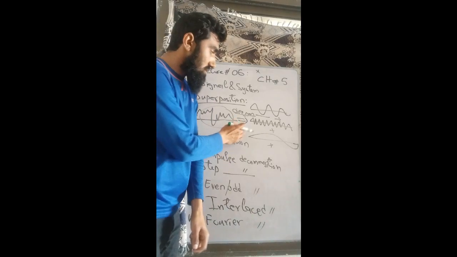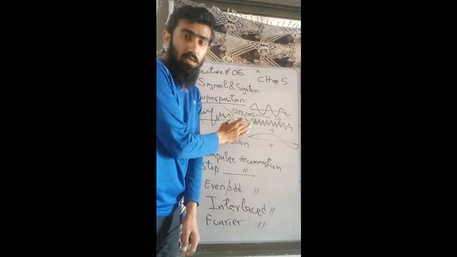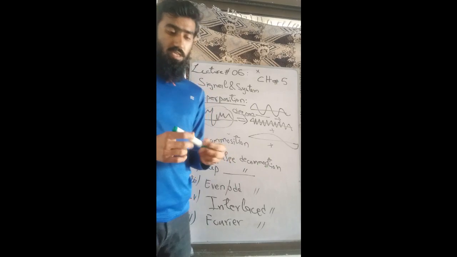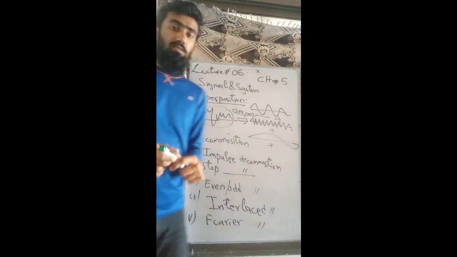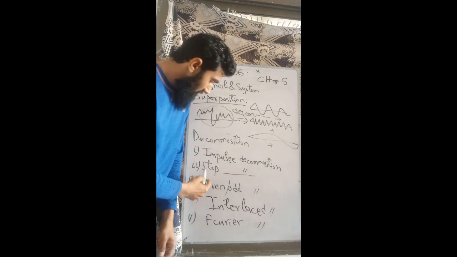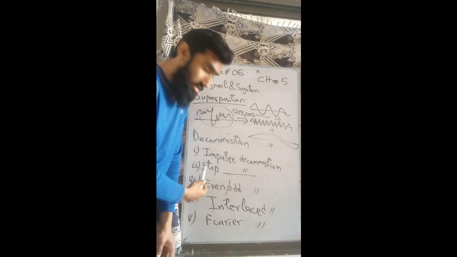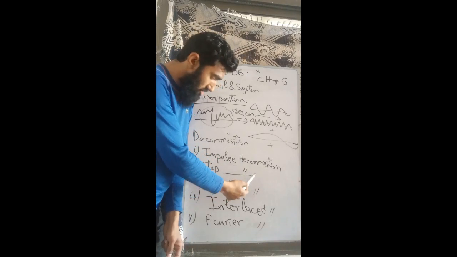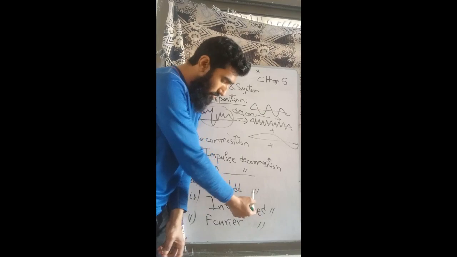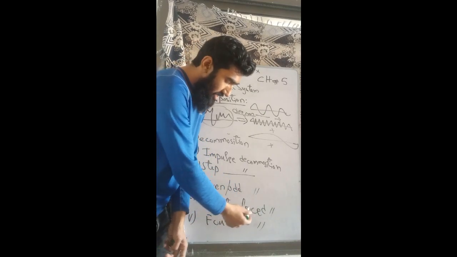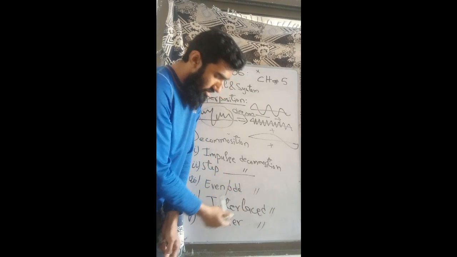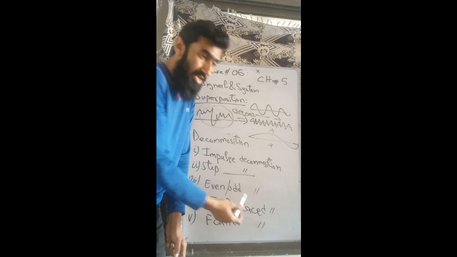So this is all about the decomposition process, and there are many types of decomposition in DSP. We will study them one by one. The first one is impulse decomposition, the second one is step decomposition, then even and odd decomposition, interlaced decomposition, and Fourier decomposition.